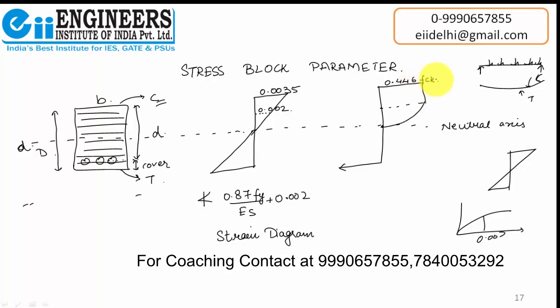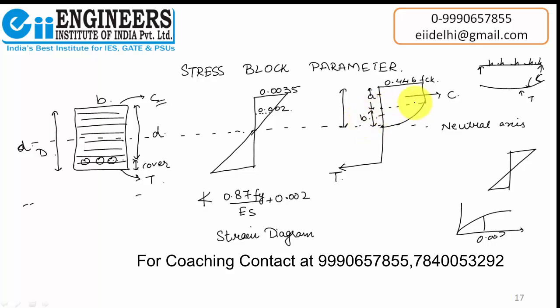There are many things in this diagram that we don't know, like this value, this whole value, this compressive force value. So we are going to find all these values now. First we'll find the values of these two. Let us consider that this distance is A and this distance is B.